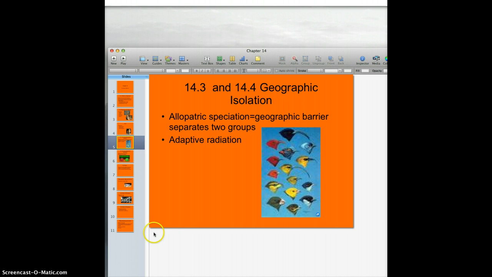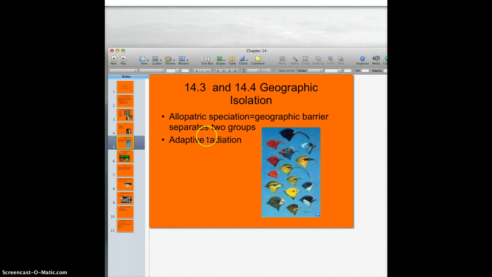So you end up with, and your book talks about, a group of squirrels here, then you have the Grand Canyon in the middle, and then you end up with a group of squirrels over here, and over time this group evolves to adapt to one area. The group over here evolves to adapt to the other area. Before you know it, the two groups are so different they can no longer mate, and that's allopatric speciation.